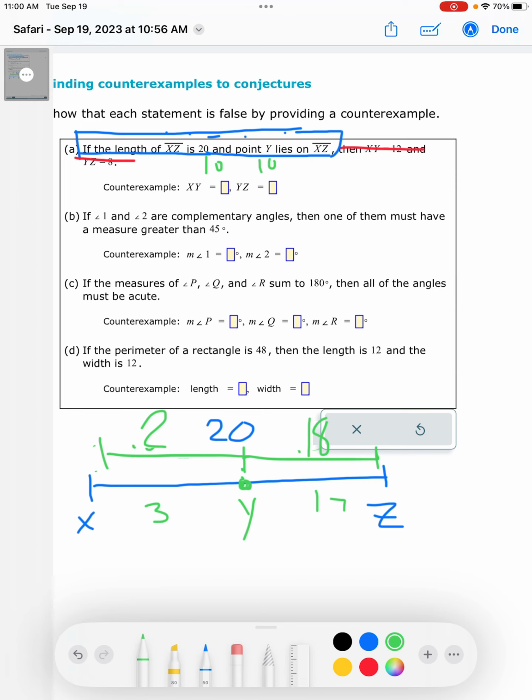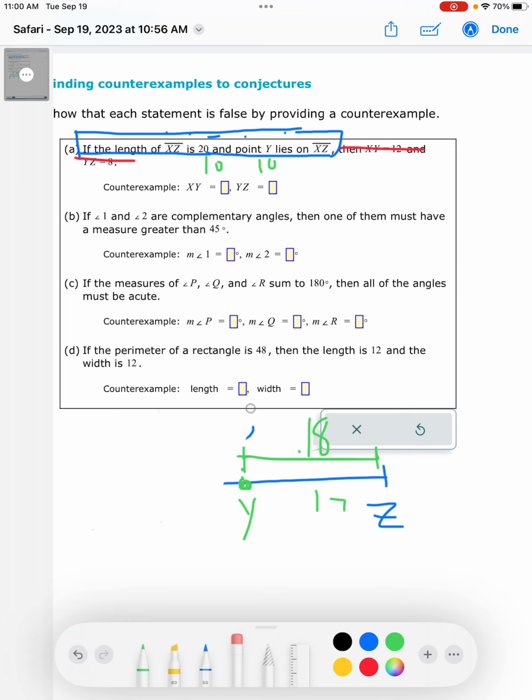But as long as I follow the fact that the beginning distance is 20, and I put another point on the line, can I make up two new numbers for those from X to Y and then Y to Z? Absolutely. So that would be a counterexample. There's lots of possibilities. So their statement is not true all the time because there's other answers available. So that would not be a true statement. Okay, so that's an example there.